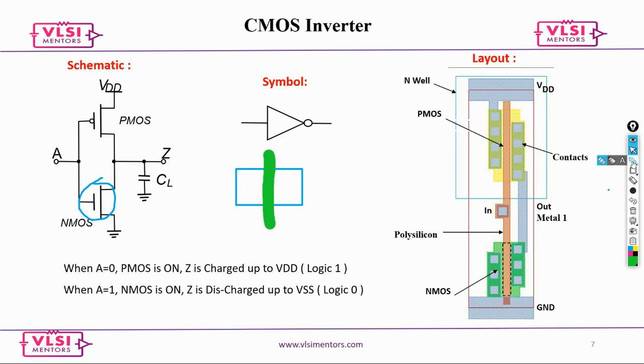Now if you look at your transistor, we have different terminals. This is going to be your source, this is going to be your drain, and this is going to be your gate.